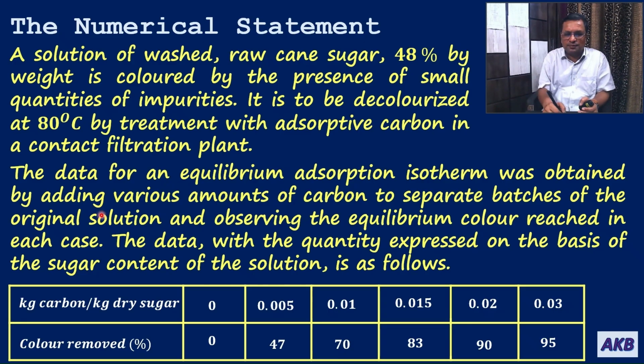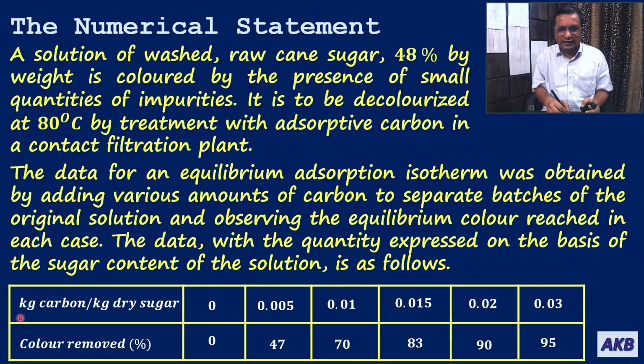How was it done? It was done by adding various quantities of adsorbent to different batches of the original solution, and then the percentage color removed was observed. In the equilibrium data that is given to us, the quantity is expressed on the basis of sugar content of the solution.